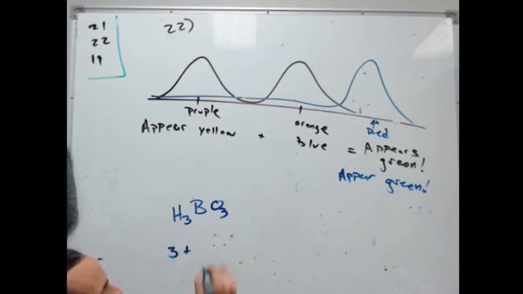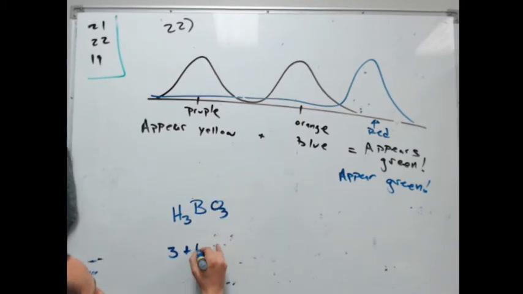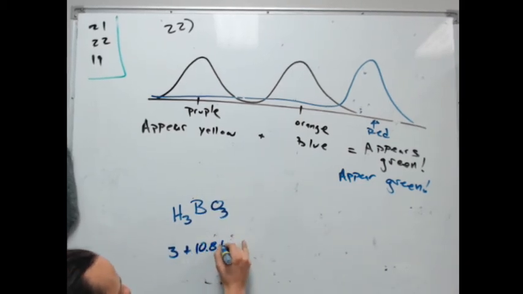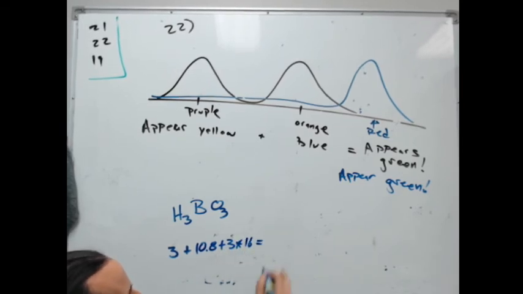You'd look up the molar mass of boron, which is 10.8, plus 3 oxygens, which is 3 times 16. That would give me the molar mass.